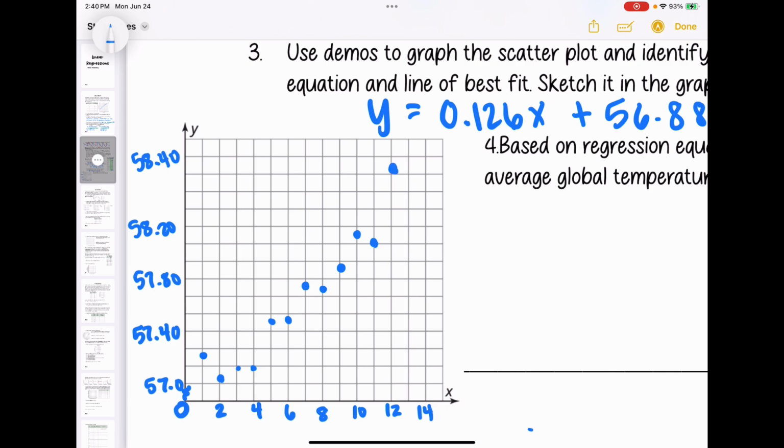So your graph should kind of look like that. That's a very rough graph, but it should look something like that.